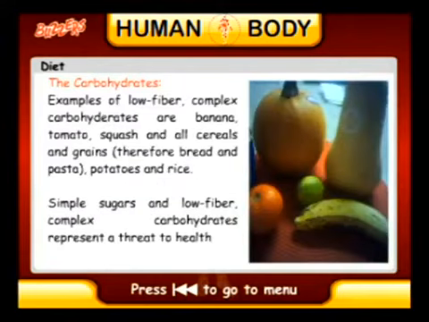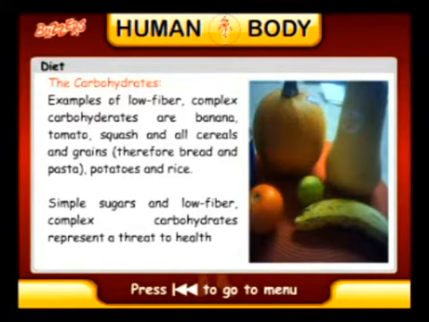Examples of low-fiber, complex carbohydrates are banana, tomato, squash, and all cereals and grains, therefore bread and pasta, potatoes and rice.